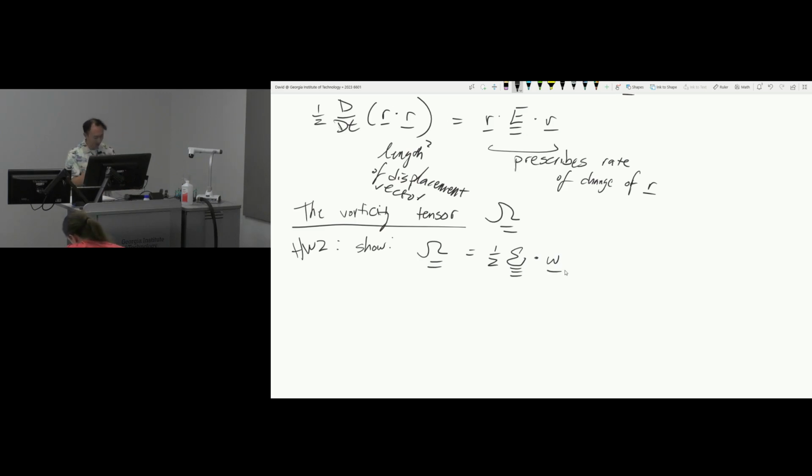So those three elements in the upper right of the matrix have the components of little omega. Remember, this is vorticity. And this one, I don't think has a word. This is just the antisymmetric part of del U.